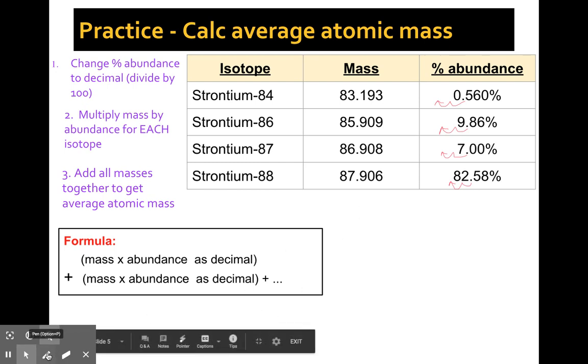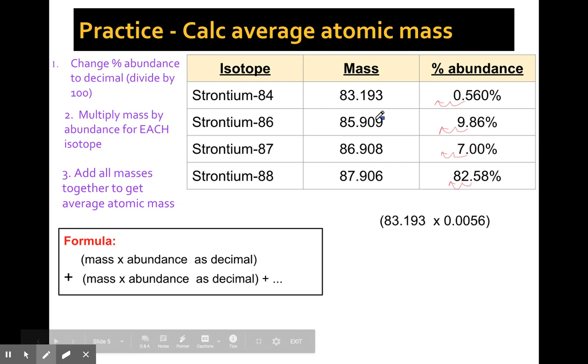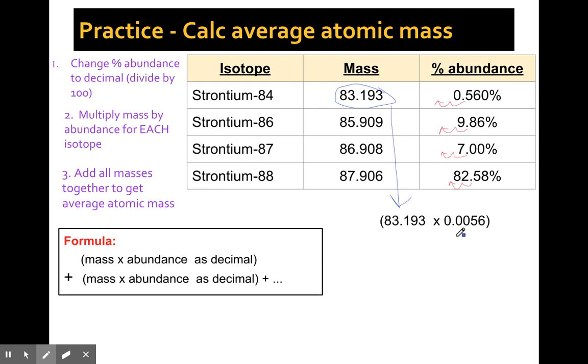If we look at these numbers up here, our first isotope has a mass of 83.193, and that number we just get right up here. So you take your mass, and then you take it times your percent abundance as a decimal. Once we moved this decimal over 2 places, now there's going to be 2 zeros after the decimal before you have this 5, 6.